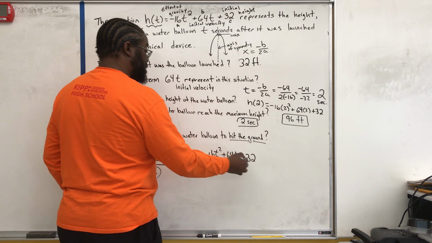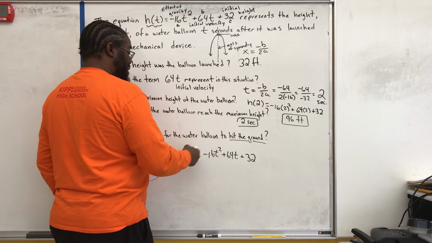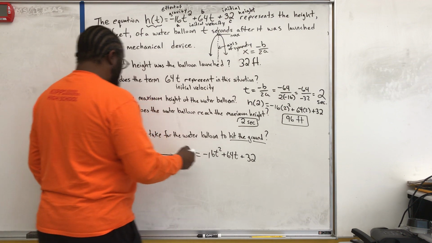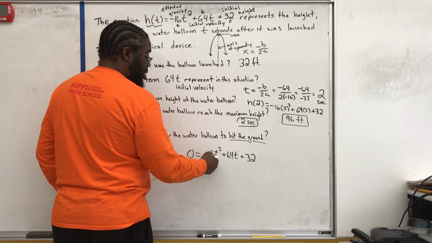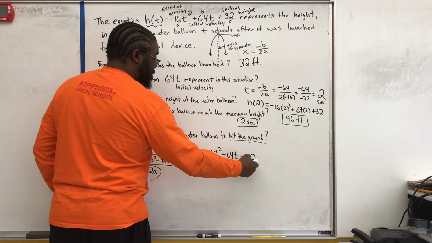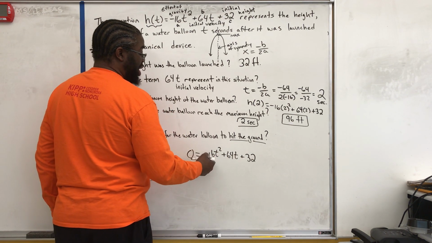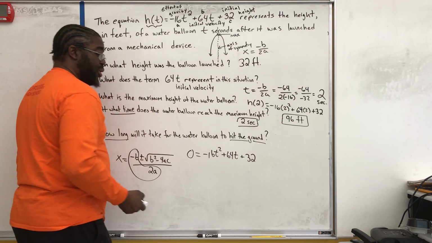So I want to know at what time. How long means at what time. At what time will this equation equal 0? At what time will the height of the water balloon be 0?